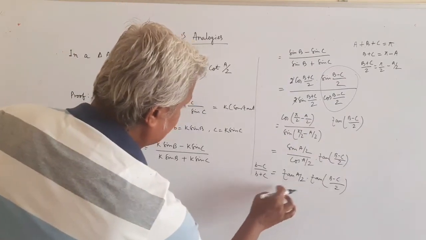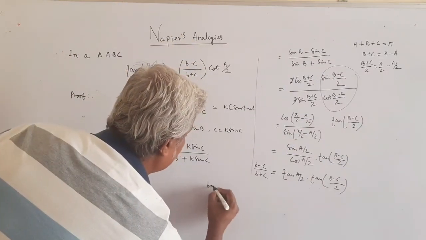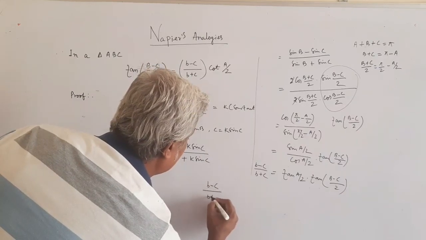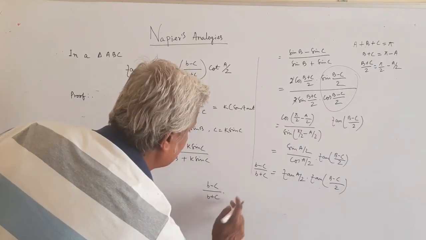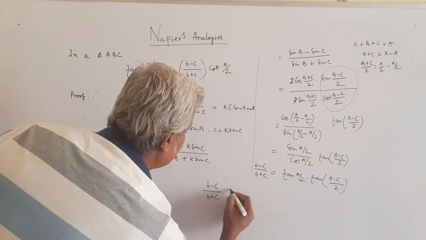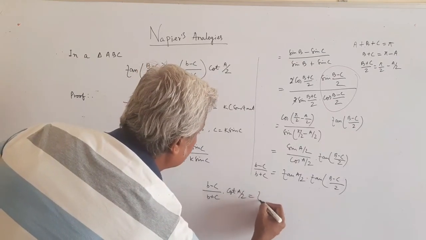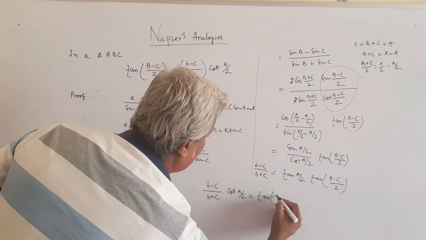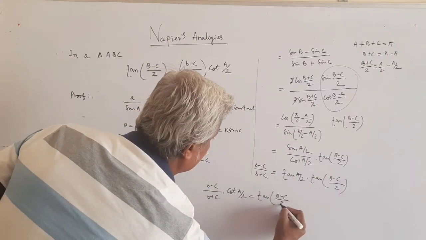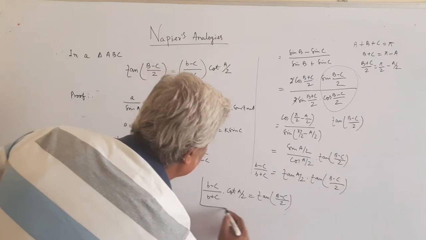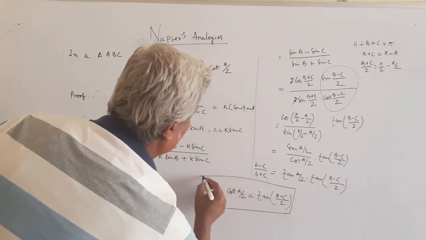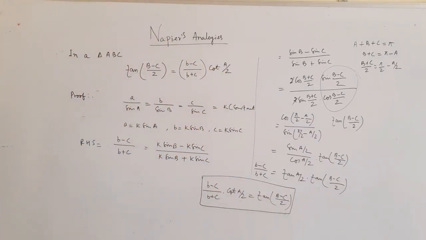So I get (b minus c) upon (b plus c) into, when this comes down, 1 upon tan, that is cot A by 2, equals tan of (B minus C) upon 2, and this is your Napier's analogy.